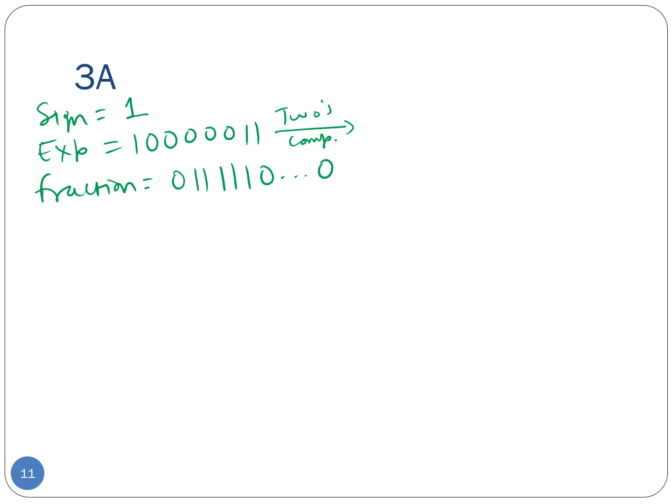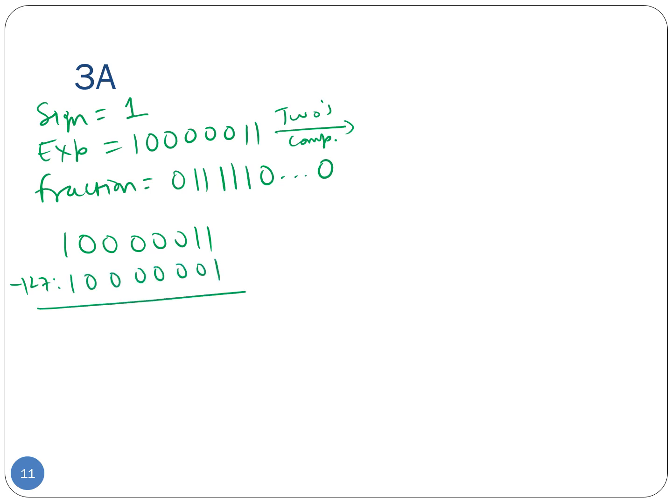To do that, we need to add this exponent to minus 127, right? So we have 1 0 0 0 0 0 1 1. Minus 127 is given by 1 followed by 6 zeros followed by 1. Let's add these two numbers. 1 plus 1 is 1 0, 1 plus 1 is again 1 0, this is 1 0 0 0 0, 1 plus 1 is 1 0, right? We can discard this overflow carry, and this is our exponent.